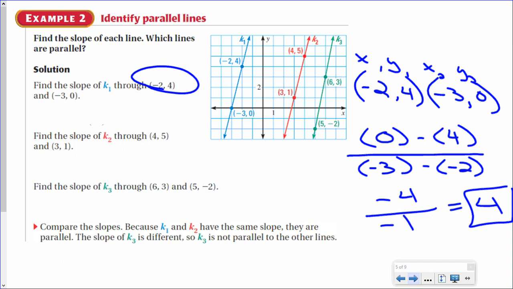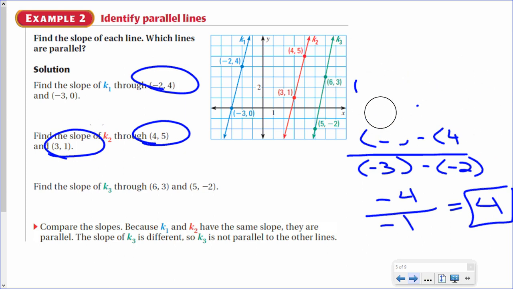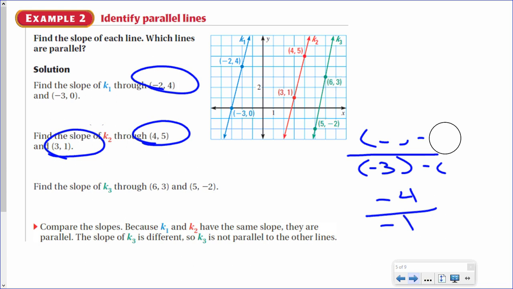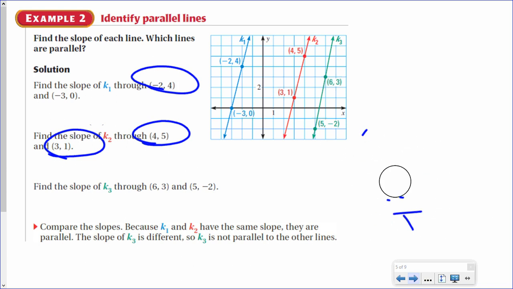All right, let's do one more here. Let's check the red one out, and maybe we get the same slope. So 4, 5, and 3, 1. I'll have to erase this here to make some room. All right, here we go.